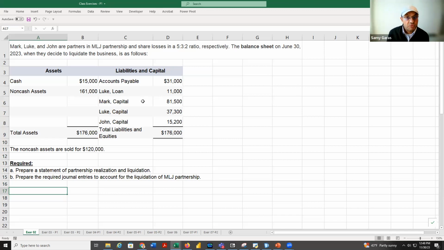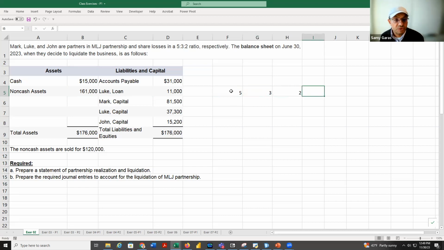We said, number 1, we need to see how we sell the non-cash assets. Are we going to make a profit or loss? So here you see 161, it was sold for 120. Which means we made a loss of 41,000, 161 minus 120. How can we take this 41 and divide it among the partners? We put it this way, 5 to 3 to 2.